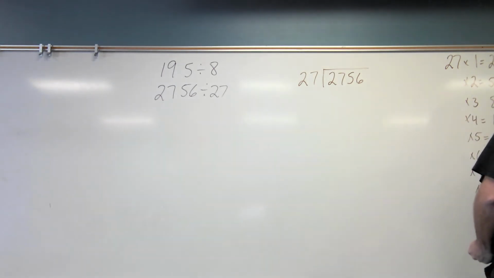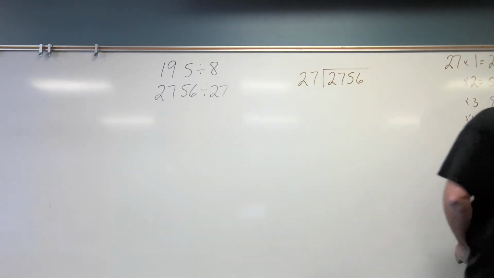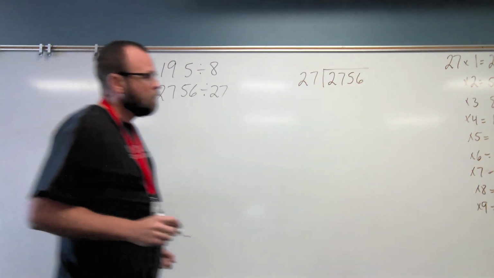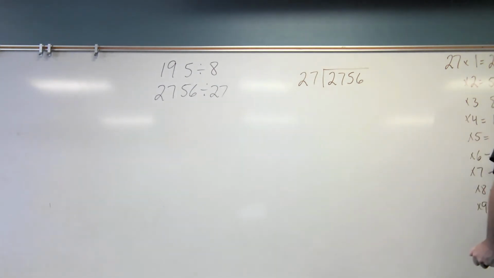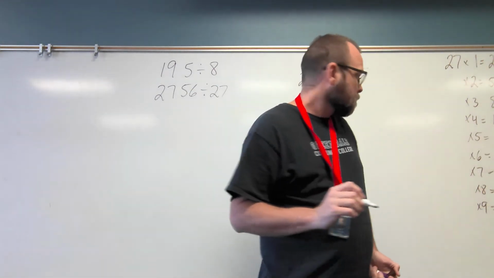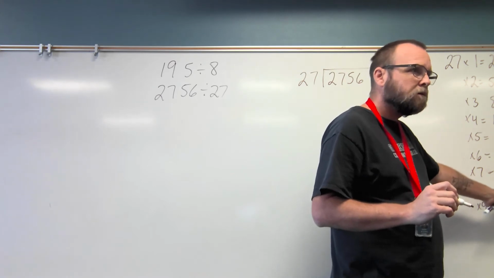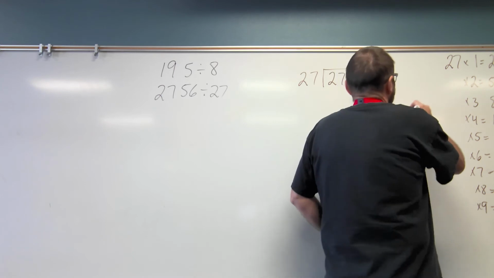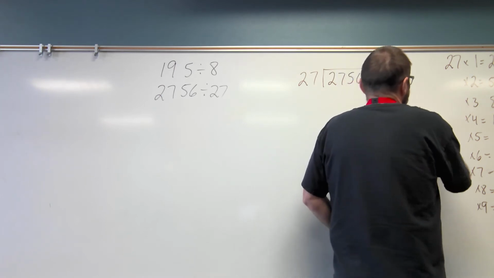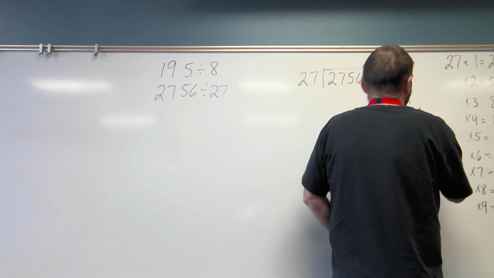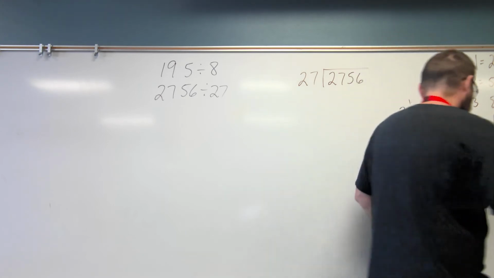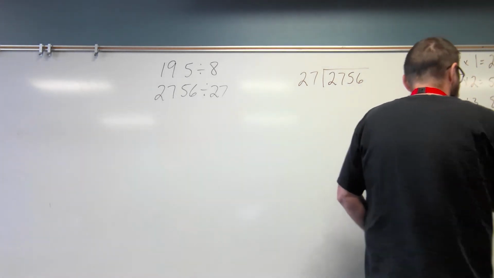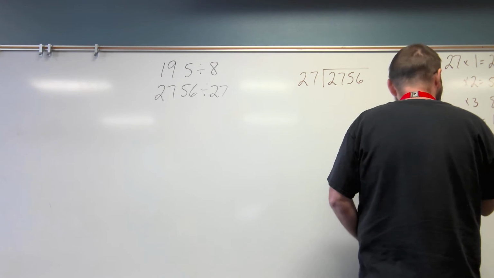Times 9? Is this one wrong? I think that's wrong, because 2 plus 8 is 10, and then 7 is 9.